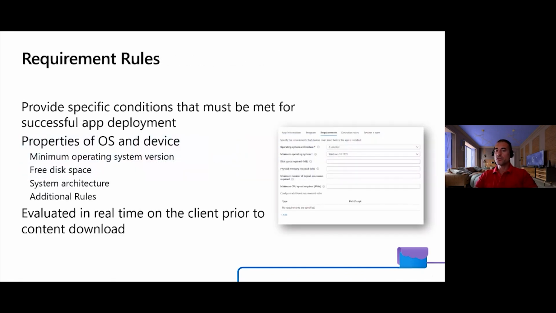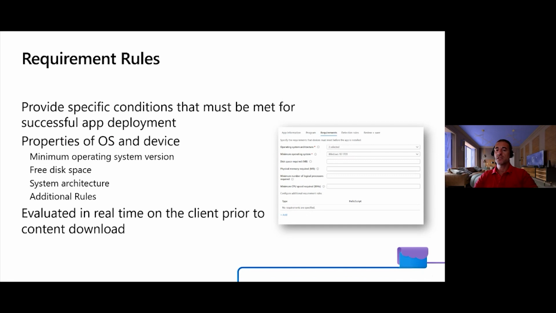So requirement rules is the very first property that you have to define. With this, you can define the condition or the conditions that your devices have to meet for the app to be installed.